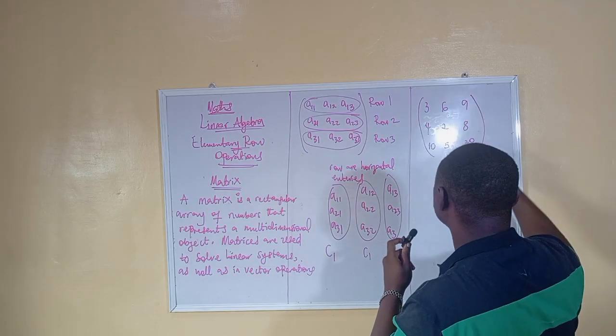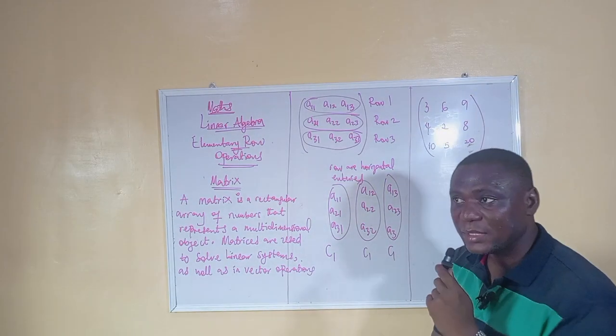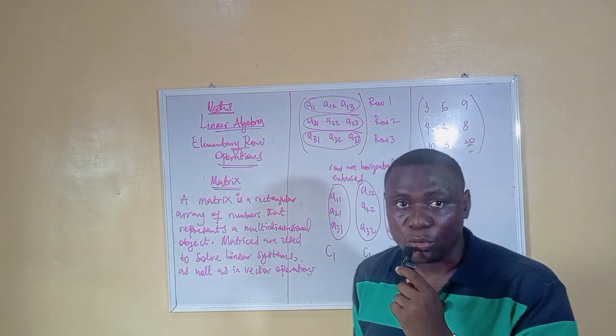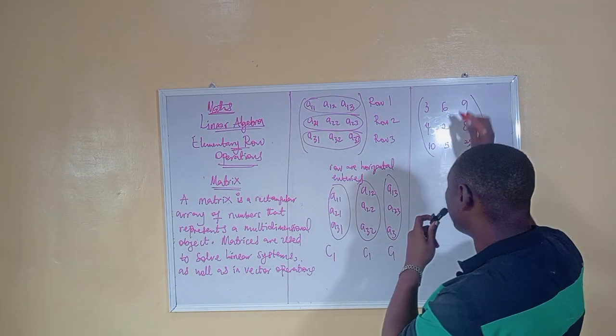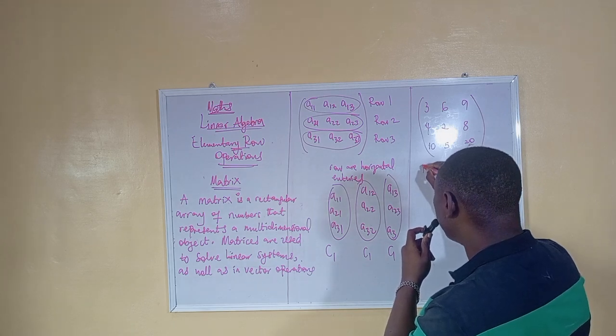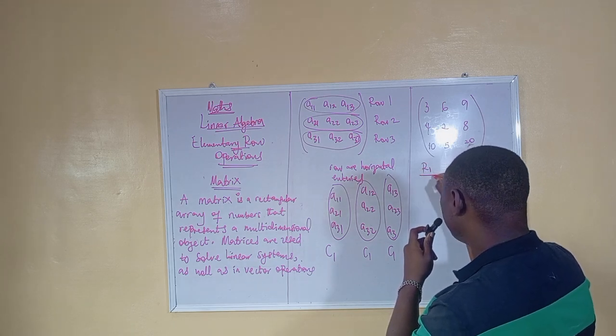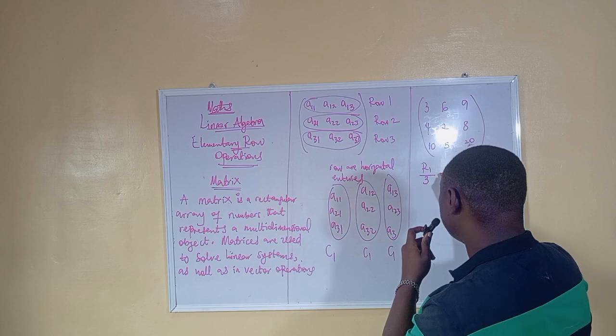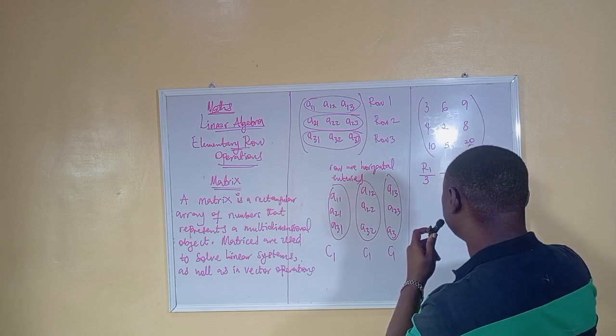So this is a matrix, and we are asked to perform a row operation. The first row operation they want us to do is row 1 divided by 3 to give us the new row 1.